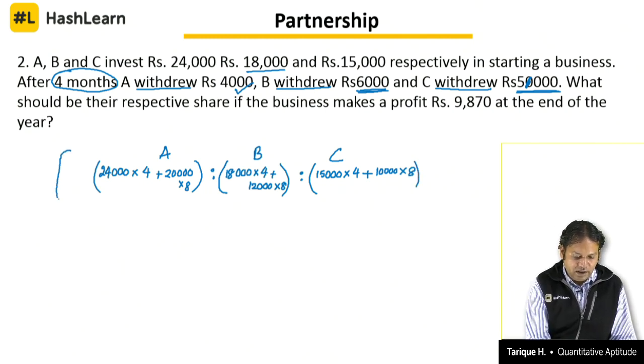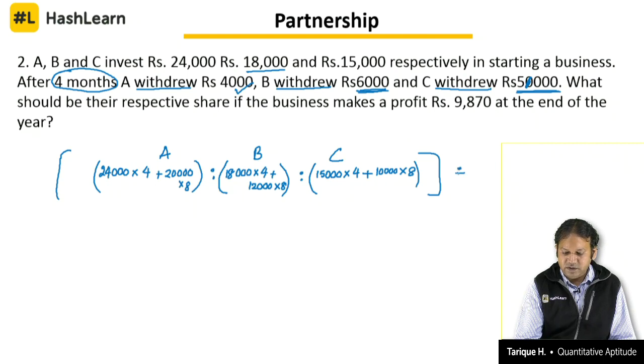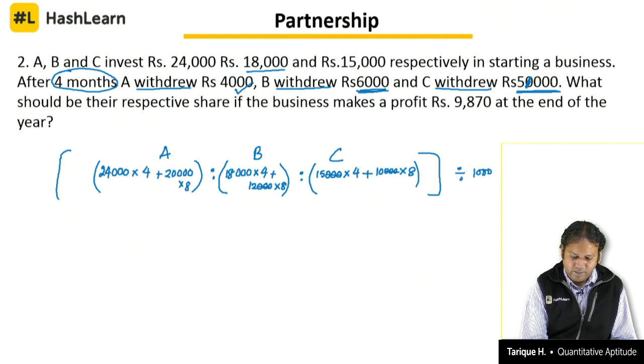Now this entire thing, if we divide by 1000, because 1000 is common everywhere, it will cancel the zeros, so cancel the zeros everywhere, we don't need them.